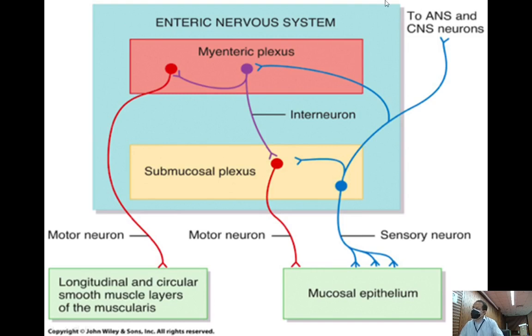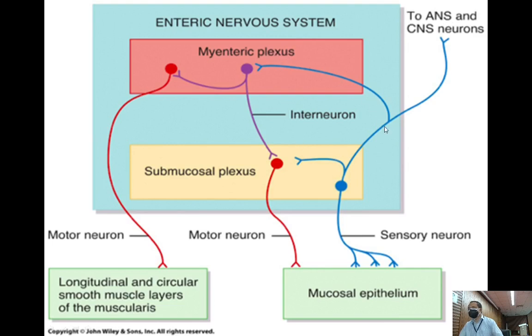Intrinsic is basically made up of the enteric nervous system, and extrinsic is basically made up of the sympathetic and parasympathetic, that comes with the autonomic nervous system.